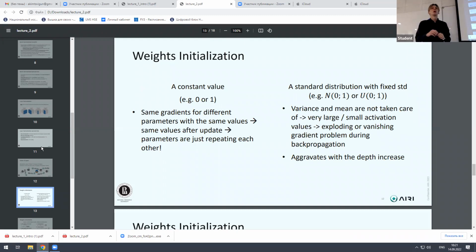What's the problem? Since we use a fixed standard deviation, we simply do not care about the variance. For these values we take care of the mean, it's okay, but we do not take care of the variance. As a result, especially on the first steps of training, our neural network may output very large numbers.